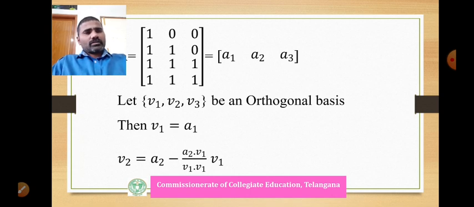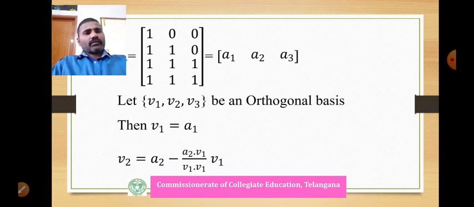Let us suppose V1, V2, V3 be an orthogonal basis for column A. Then V1, the first orthogonal vector, is nothing but A1, that is 1 1 1 1, and V2 is given by A2 minus (A2 dot V1 by V1 dot V1) into V1.